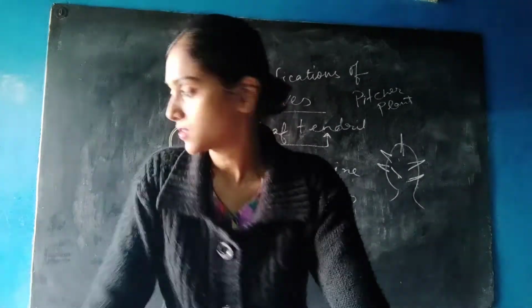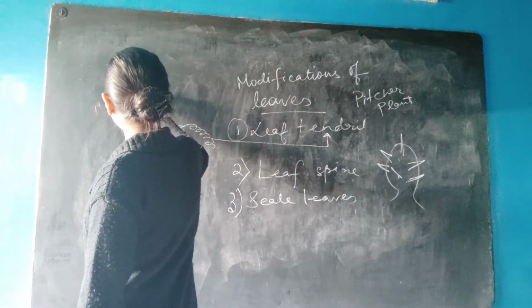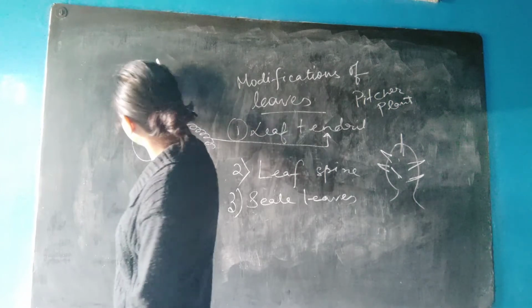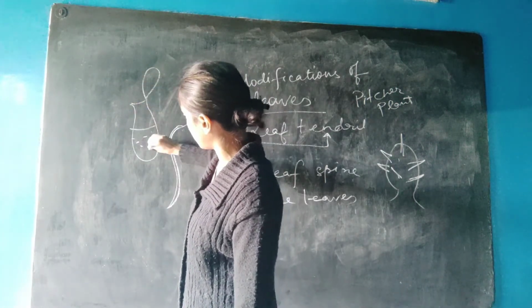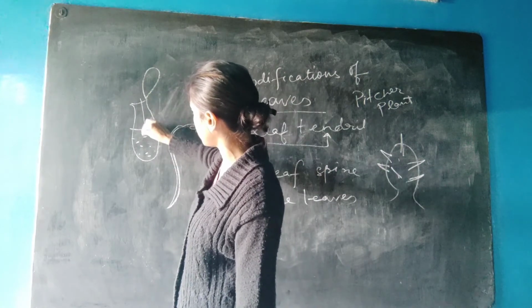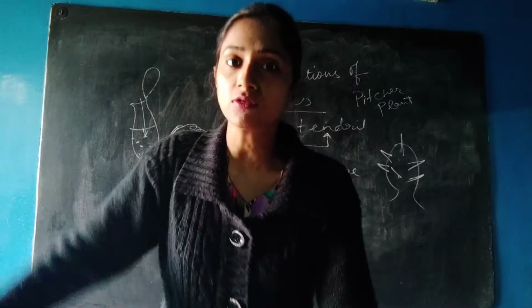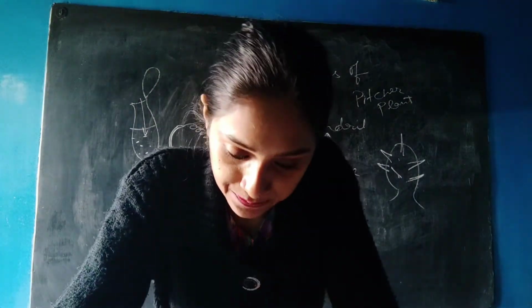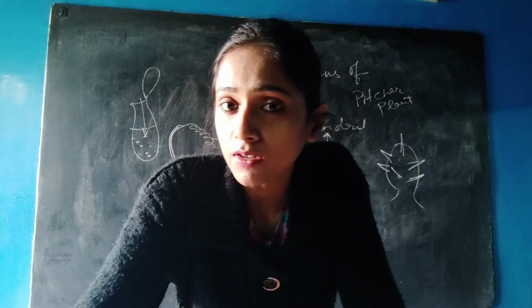It is a device, that means it looks like this, and the leaf is transformed into this. It is filled up with enzymes. When any insect falls into it, this leaf will close down so that the insect cannot leave. So this is one of the modifications.